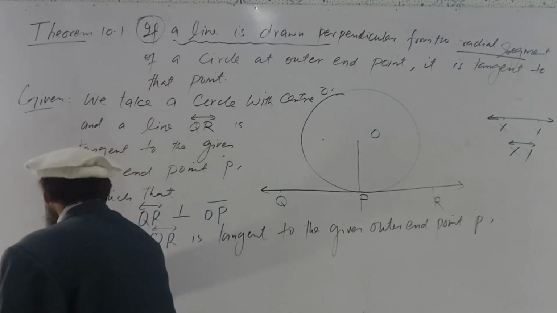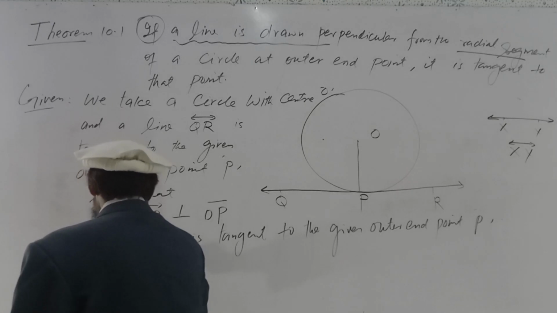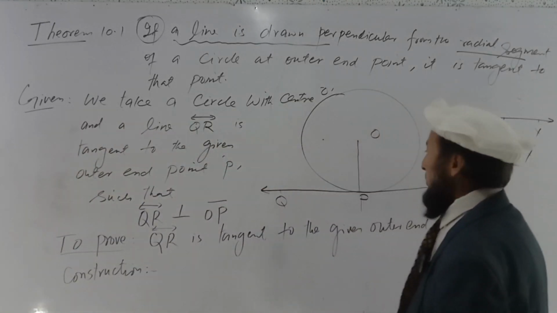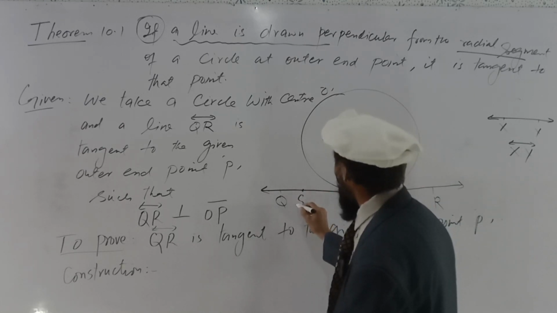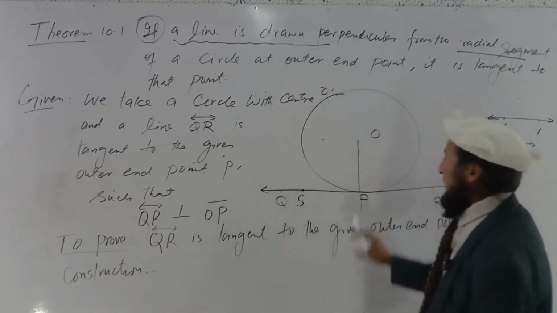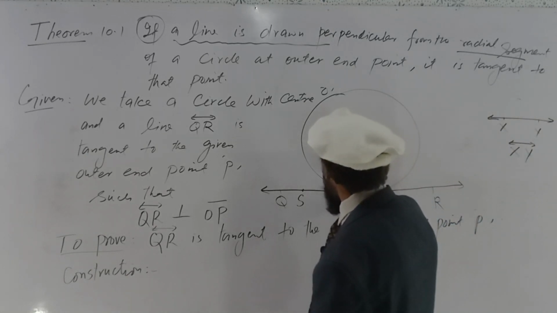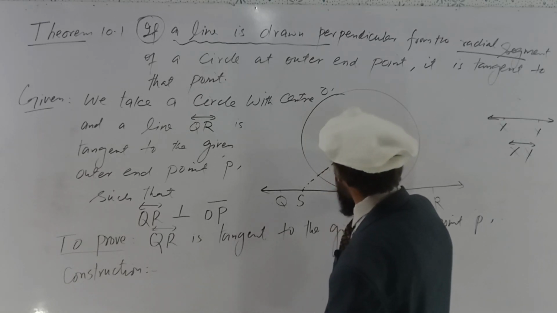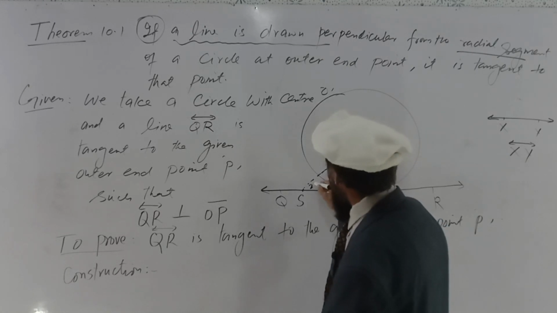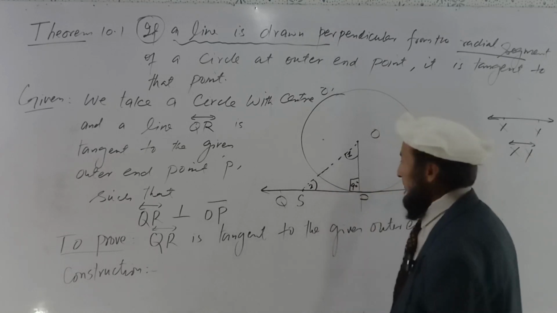Construction. Here we take any other point, for example S, which is not tangent to the given circle. We give the names angle 1 and angle 2 here. This will be the right angle, 90 degrees.